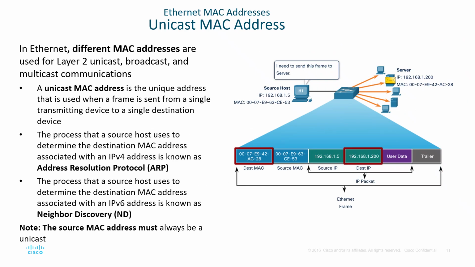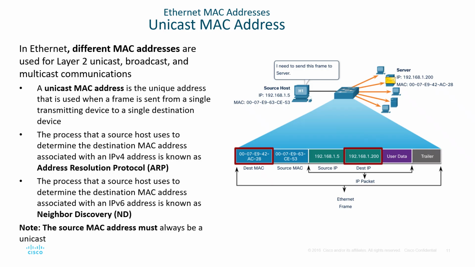Now, in Ethernet, different MAC addresses are used for layer 2 unicast, broadcast, and multicast. You need to be familiar with these. A unicast MAC address is the unique address that is used when a frame is sent from a single transmitting device to a single destination device. The process that a source host uses to determine the destination MAC address associated with an IP address is known as address resolution protocol.